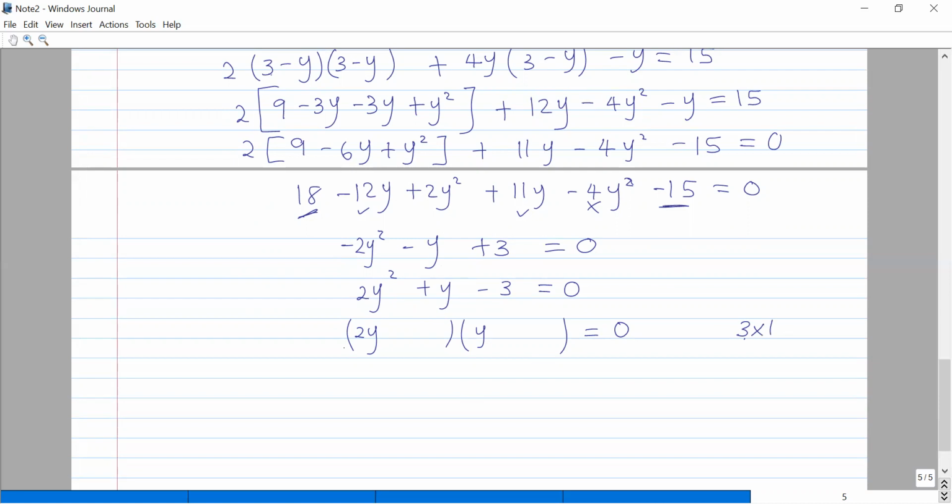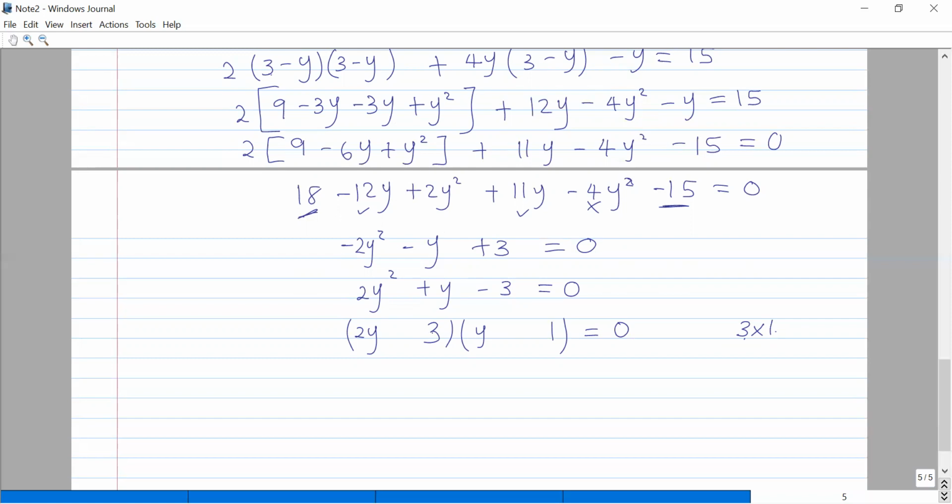But if you multiply 2 times this one, it will give us a positive 2y. When we subtract that one from 3y, we will get the positive y. So our factors would be 1 for this one and 3 for this one.